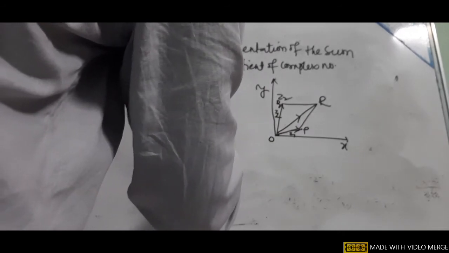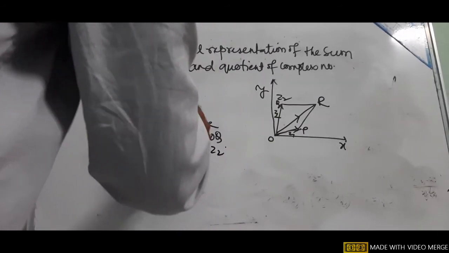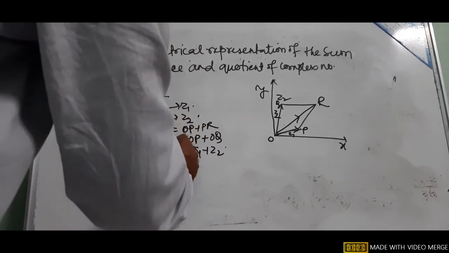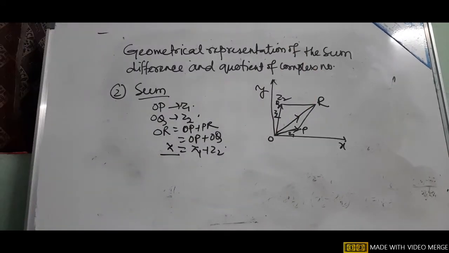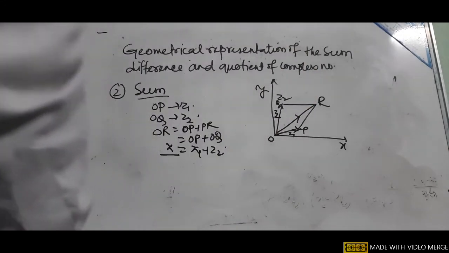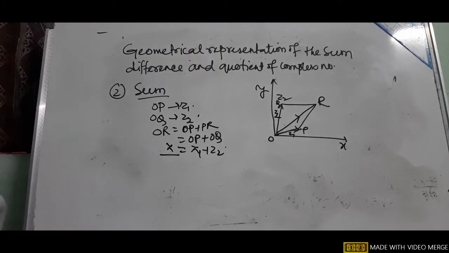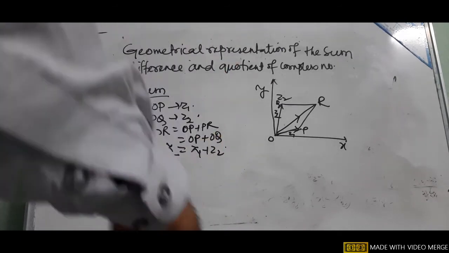So that is Z1 plus Z2, and OR is equal to Z. So the sum of the two complex numbers is geometrically done this way. Next we are coming to the difference of these two complex numbers, how it is geometrically represented.